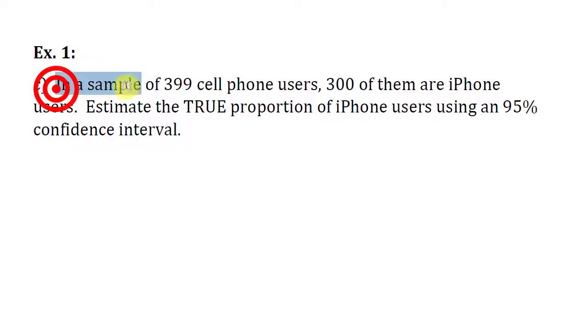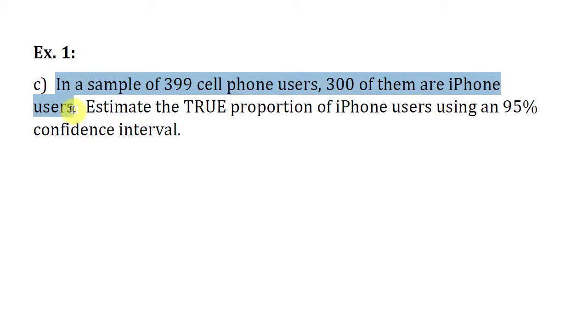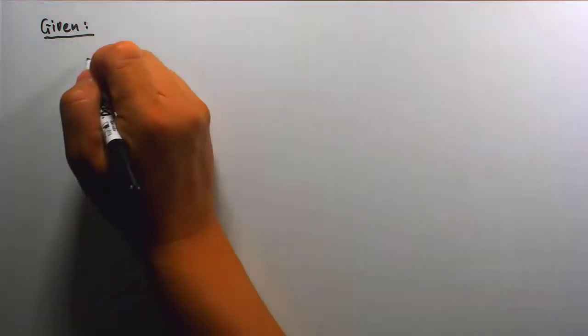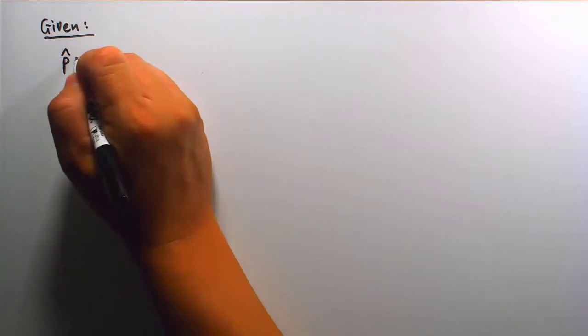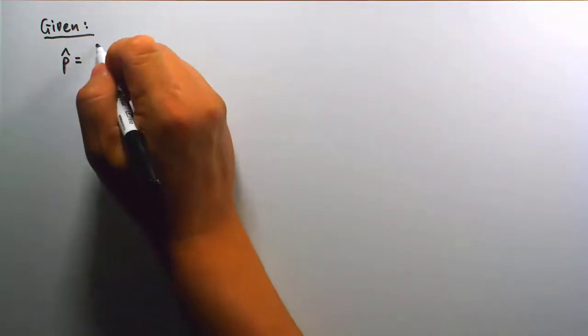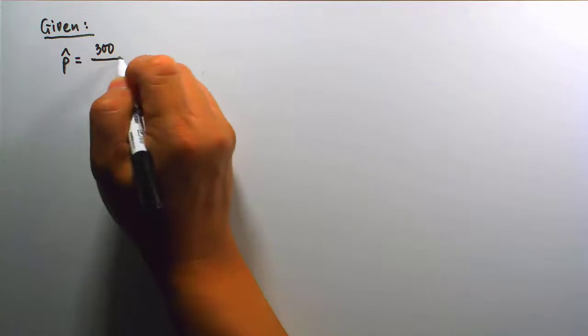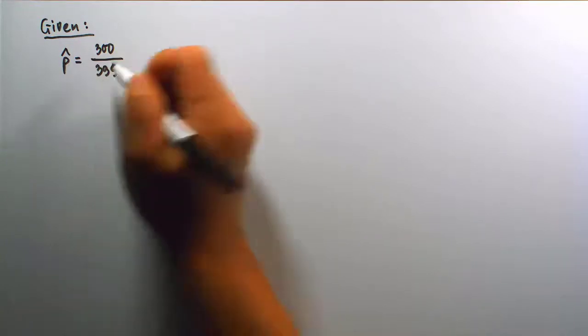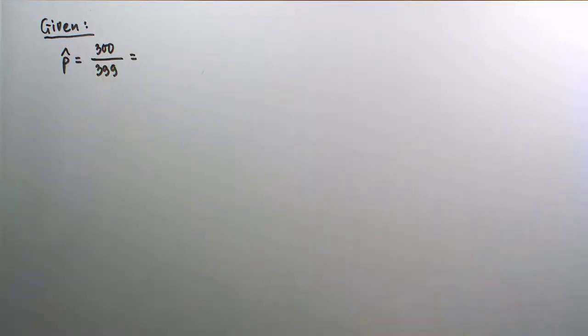In a sample of 399 cell phone users, 300 of them are iPhone users. So what we have now is a p-hat value, a sample proportion value, 300 out of 399, and the calculation comes out in 4 decimal places.